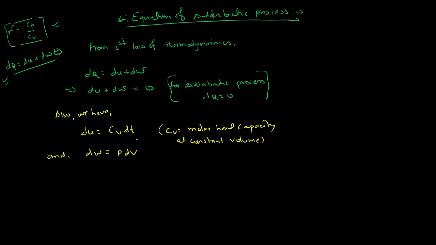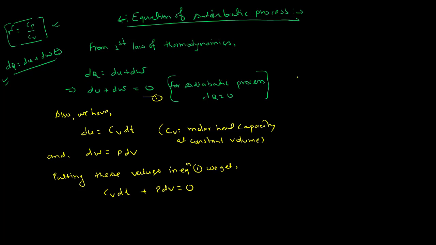Now substituting these values in the above equation 1, we get Cv dT plus PdV equal to 0.